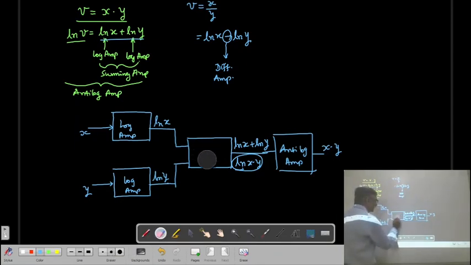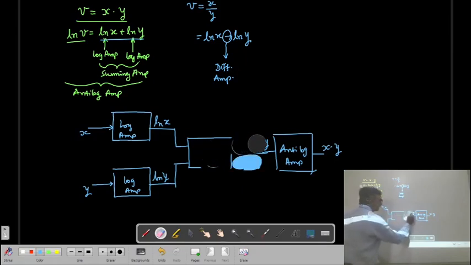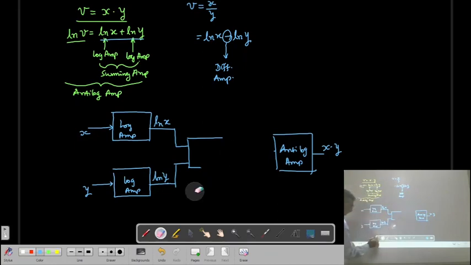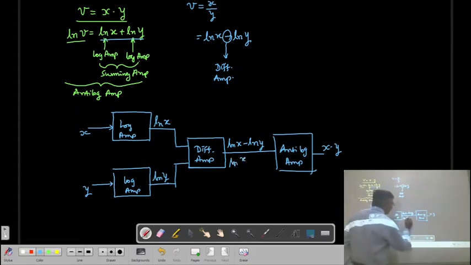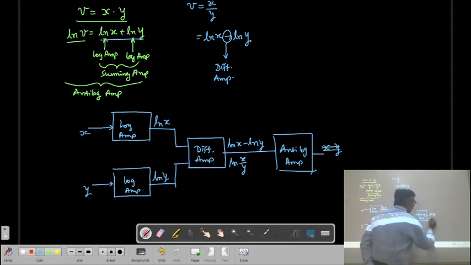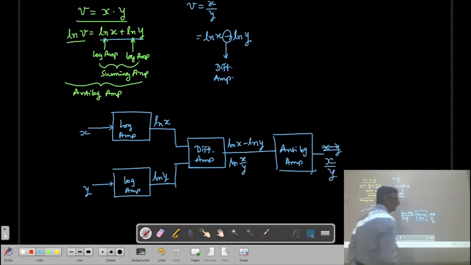Instead of using a summing amplifier, I can have a difference amplifier. That will generate ln x minus ln y, and ln x minus ln y is nothing but ln of x by y. And then if you take the anti-log amplifier, you will have x by y.